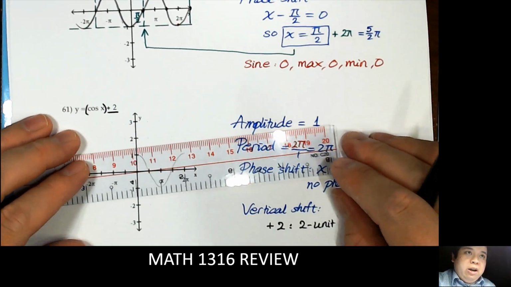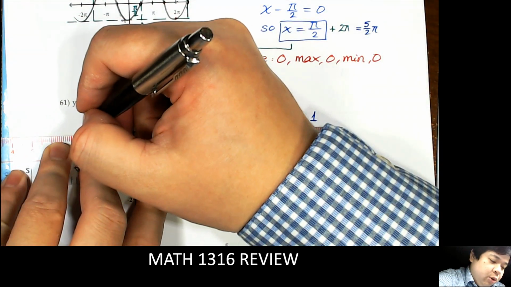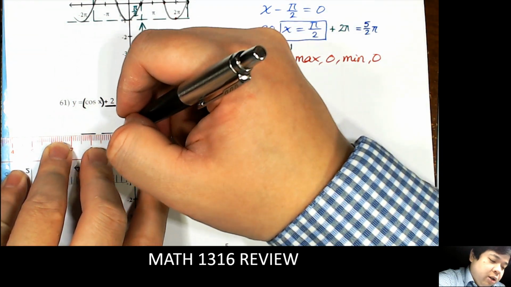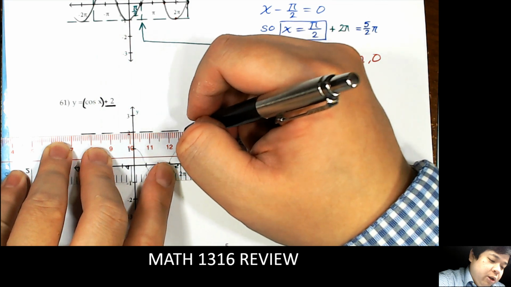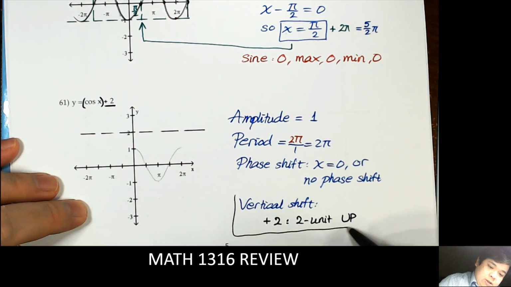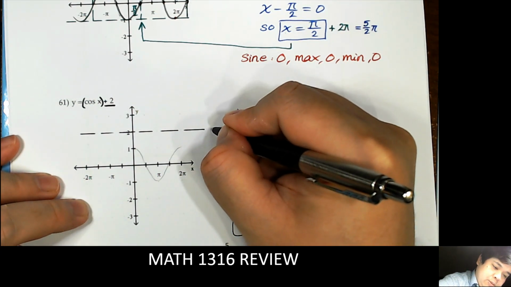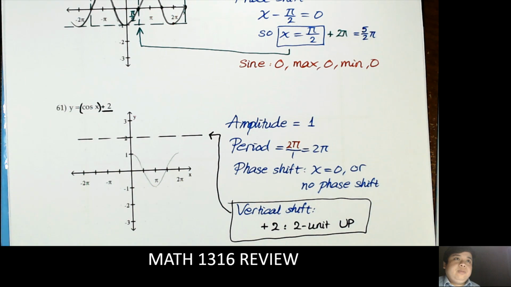So we will have the vertical shift at 2. So this is where we have from 2. So that is the vertical shift up 2. Right?